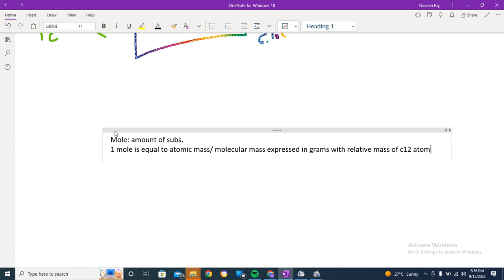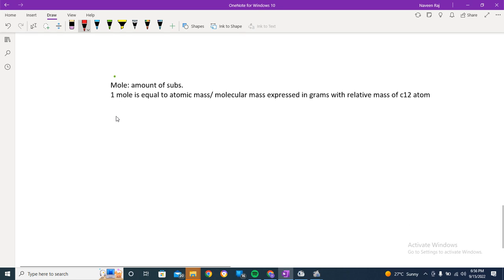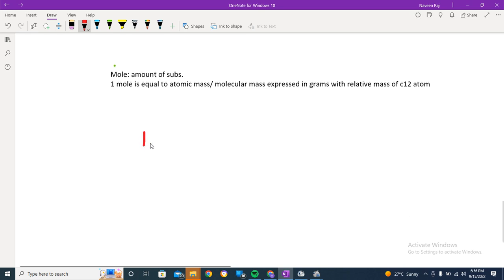1 mole of a substance is equal to its atomic mass in grams. For example, 1 mole of carbon is equal to 12 gram.